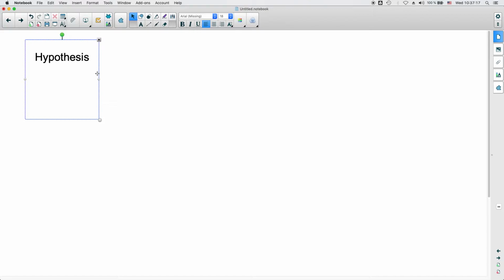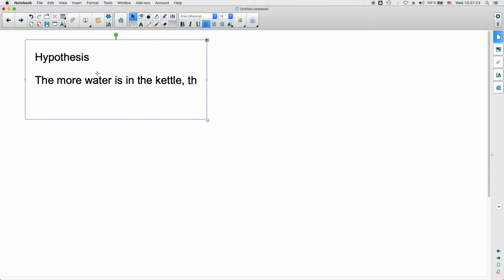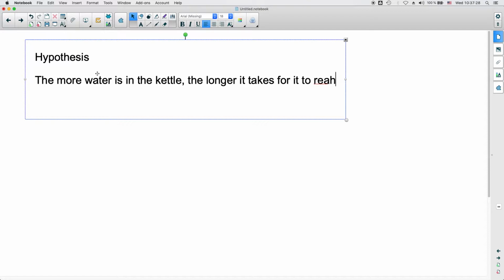Then people would often write, the more water is in the kettle, the longer it takes for it to reach the boiling point. Now that is of course correct, but this is not very precise in terms of the wording.